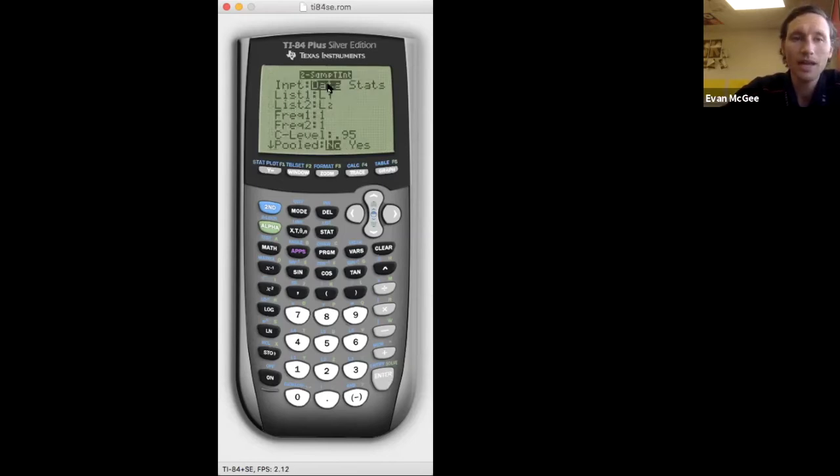So from here, they haven't given us the lists of data. They've just given us the mean and the standard deviation of both. So they've given us the summary statistics. So we hit stats, and then we put in the first sample. I'll put the normothermic sample, and then the second sample, I'll put the hypothermic sample.